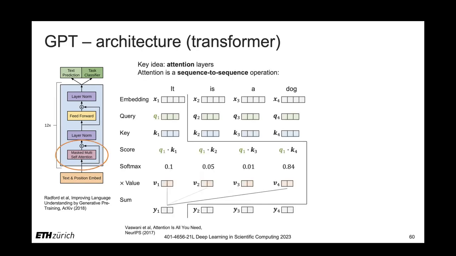There's a really seminal paper called Attention is All You Need, claiming that, in fact, attention layers are super useful for many different tasks. It has turned out that transformers are very, very popular, particularly for natural language tasks. So attention is fundamentally a sequence-to-sequence operation. Remember, our input here is a sequence of text, and what the layer is going to do is produce another output sequence, akin to another text sequence.